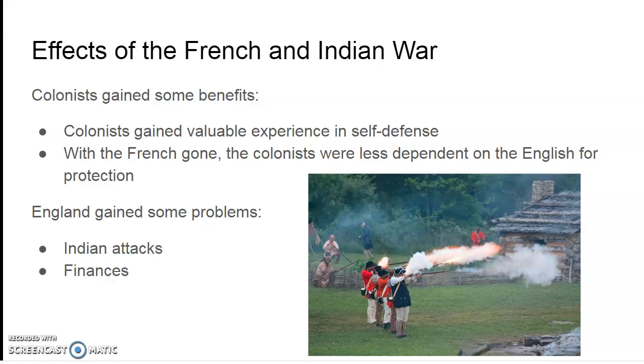And this, of course, has to do with the fact that colonists are starting to move westward, and the Indians start to feel like their homeland is being threatened, and so they start to attack, and they become more hostile towards the colonists. And the Crown has to send thousands of troops, British troops, to protect the colonists from future Indian uprisings.